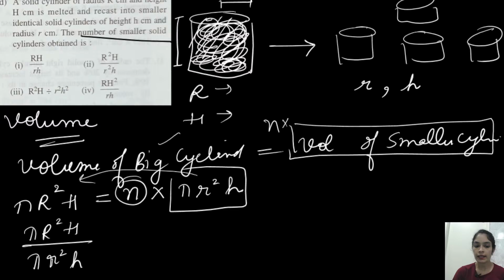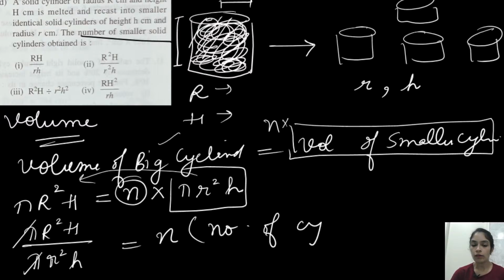Pi r square h is equals to N. Pi and pi will get cancelled. We are left with capital R square into capital H by small r square into small h. So which option? We have found the value of N, where N is the number of cylinders.